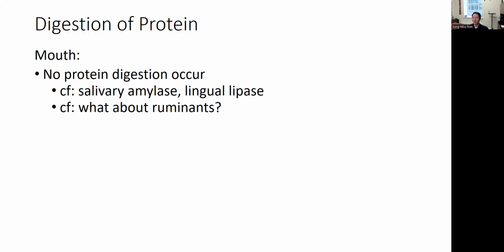There are no enzymes involved, even though there will be physical breakdown of large chunks of food into smaller pieces by chewing, but no enzymatic digestion occurs. However, in the case of starch and lipids, some limited digestion can happen in the mouth, but there's no protein digestion in the mouth. Okay?